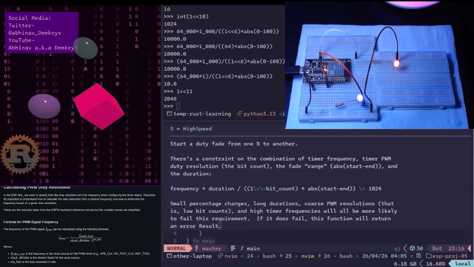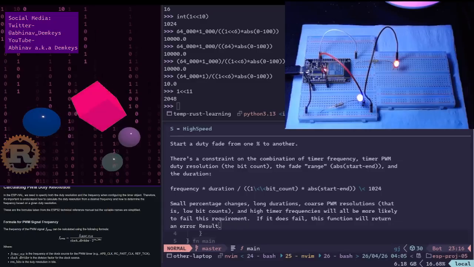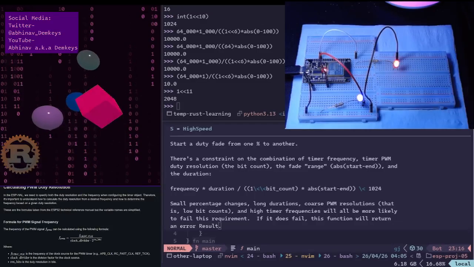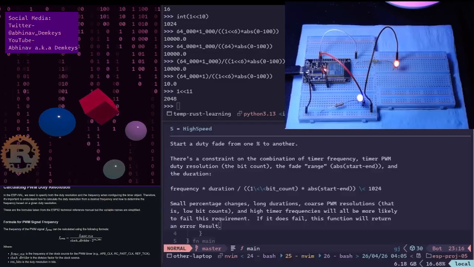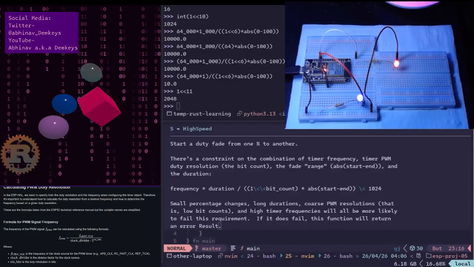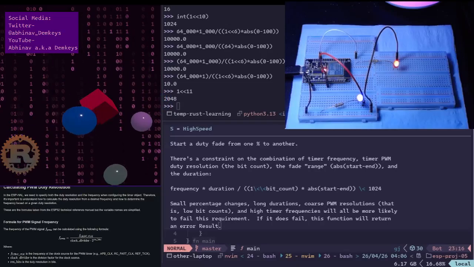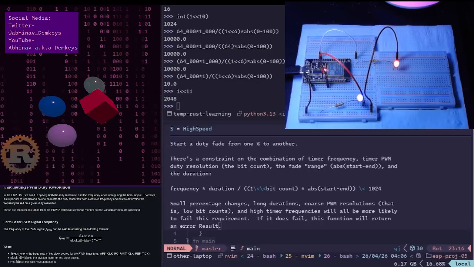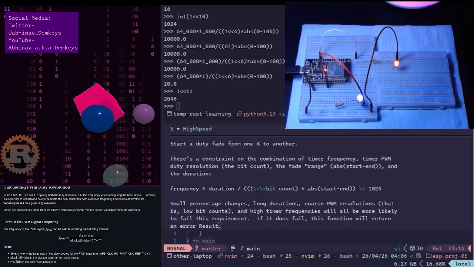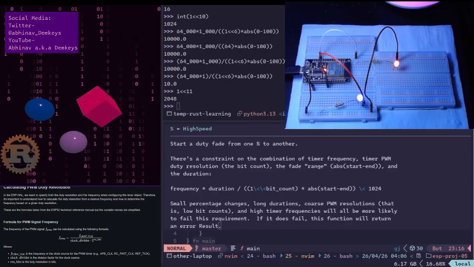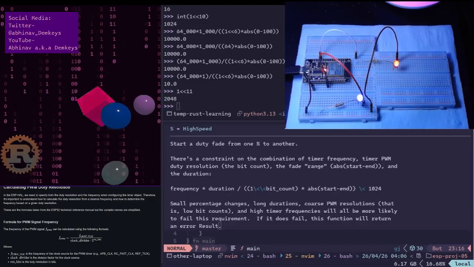What does duty cycle change mean here? Okay, duty cycle is a ratio or percentage of that period. If you have a 10% duty cycle, our period is, what is our period? Because we have 64,000 cycles in 1 second. So how are we setting this up?